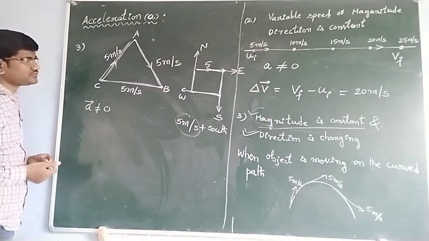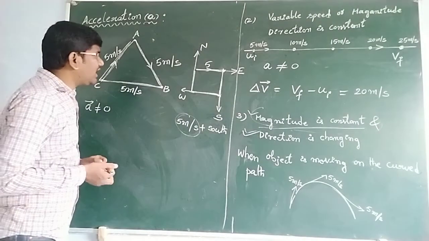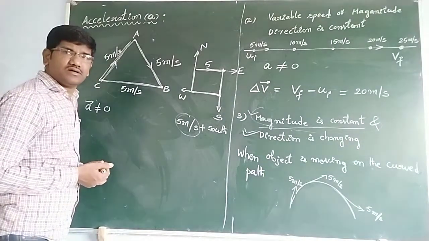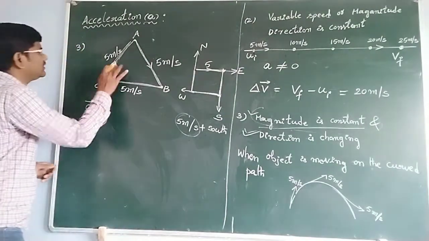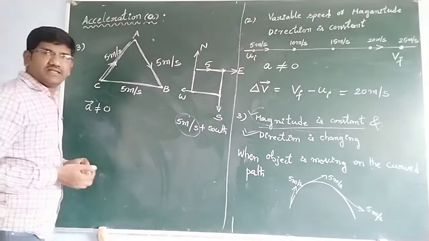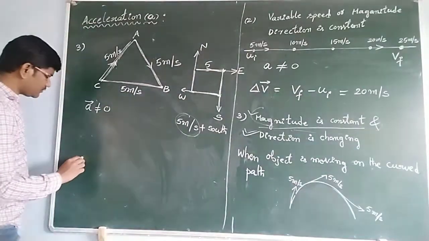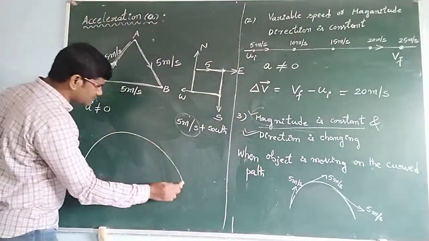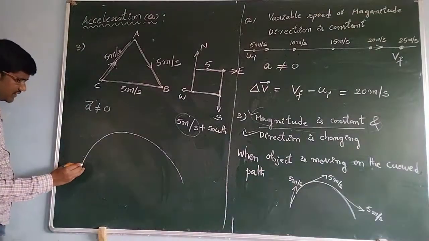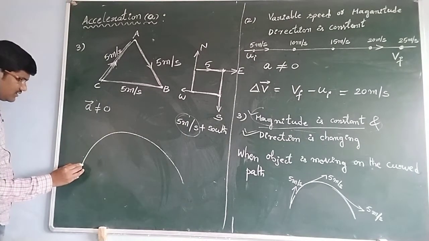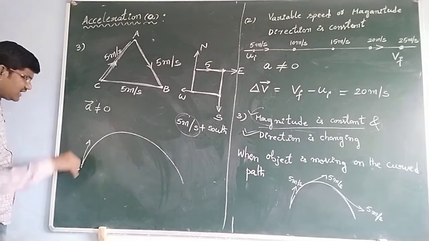So okay students, and the next one is, what is that you see? And similarly, if it is moving on a curved path with a constant speed. So here the speed I know, I just add a direction.